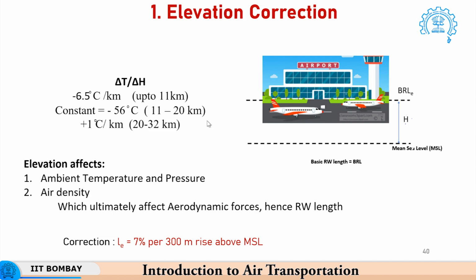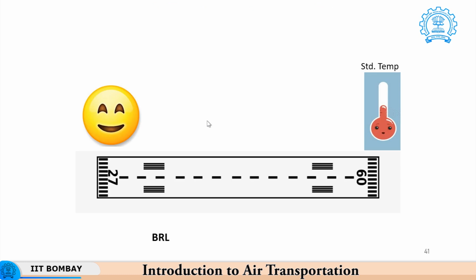So, if the takeoff distance under ISA conditions at sea level is 1000, it will become 1070 when you go to 300 meters above mean sea level, because there will be a 7% rise. Okay. So, how do you calculate the effect of temperature?